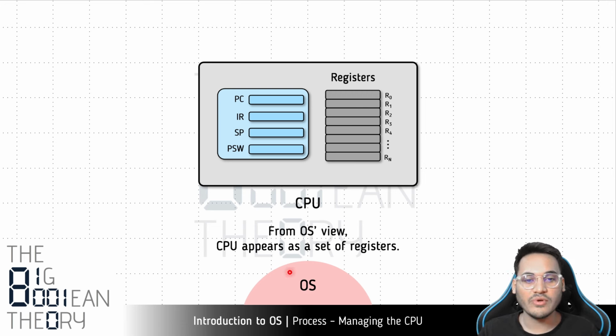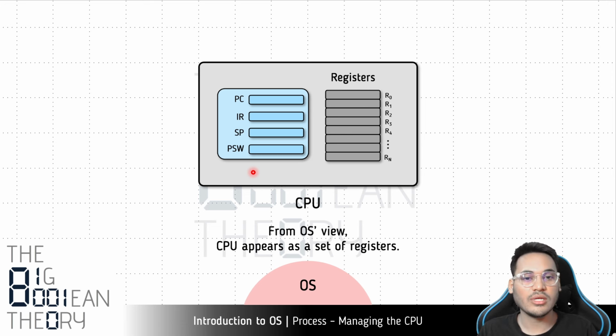So this is the hardware interface that the CPU exposes to the operating system. Only the registers are visible to the operating system; the execution circuit is hidden from it.